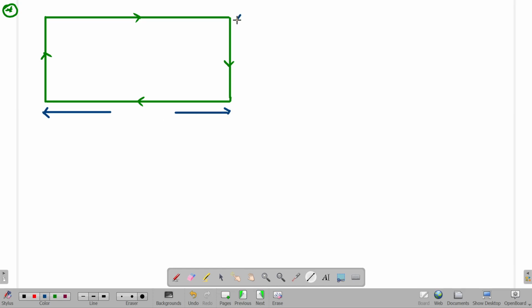The length of breadth is also given. Question is, find the net magnetic field at the center of a rectangle. This length is given 2 root 3 a meters, and this length is given twice a meter. Then find the magnetic field at the center of the rectangle.